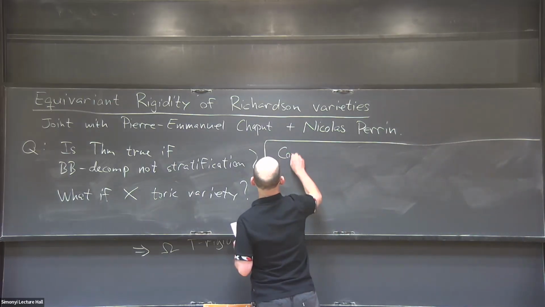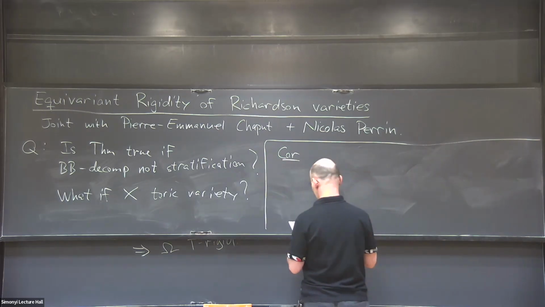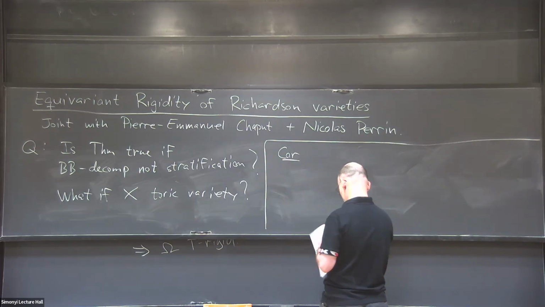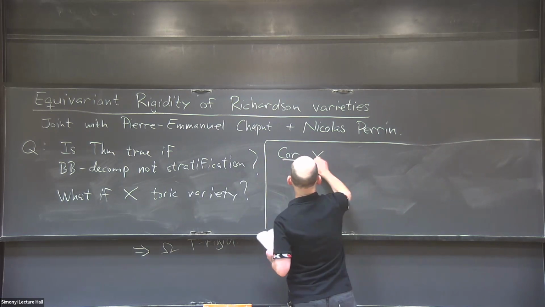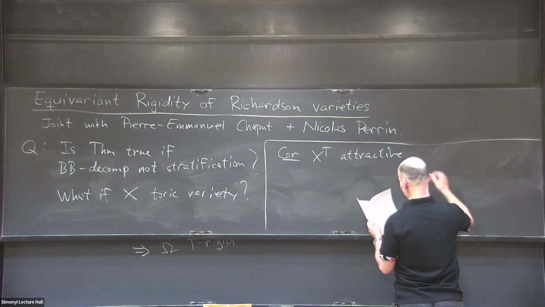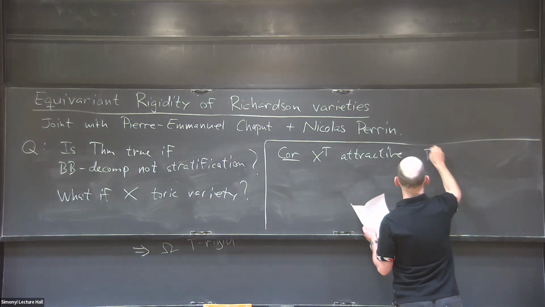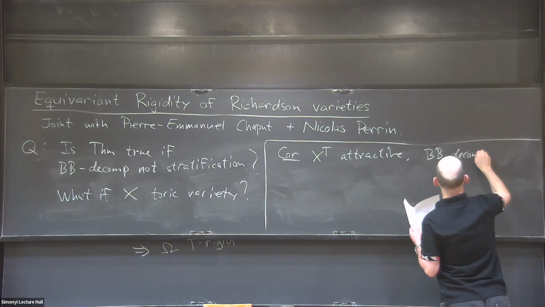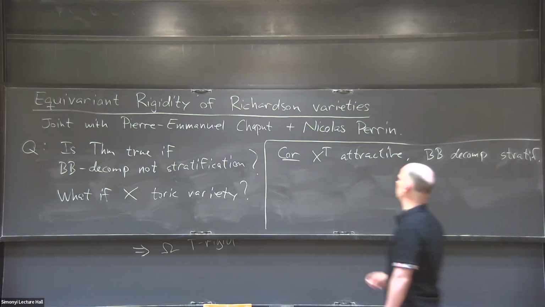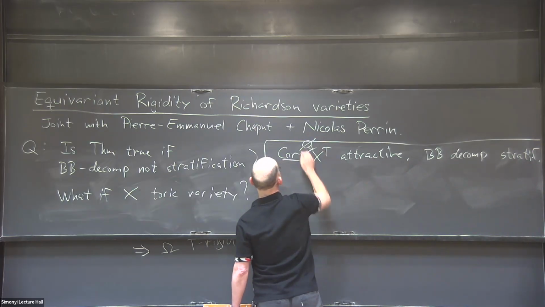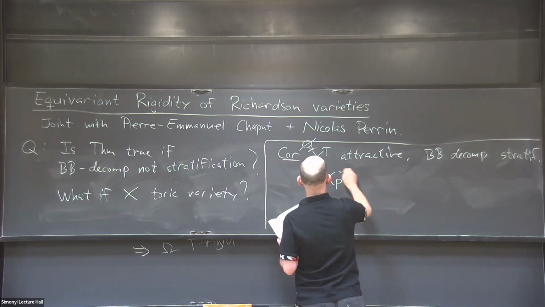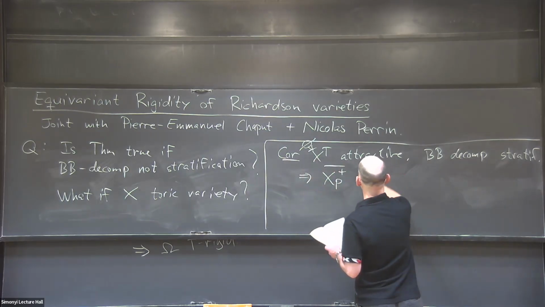So a corollary of this, of course, is that in the case that T is attractive and the Bialynicki-Birula decomposition is a stratification, then all cell closures are T-rigid.